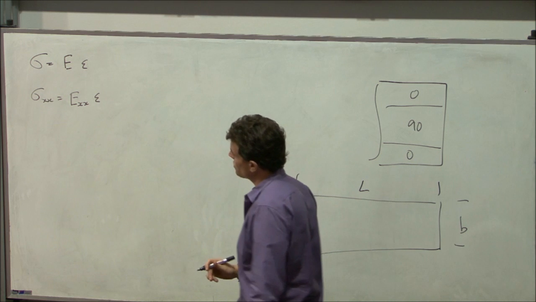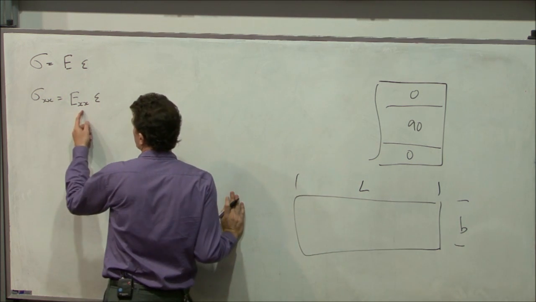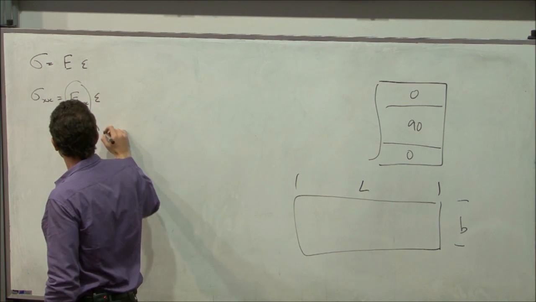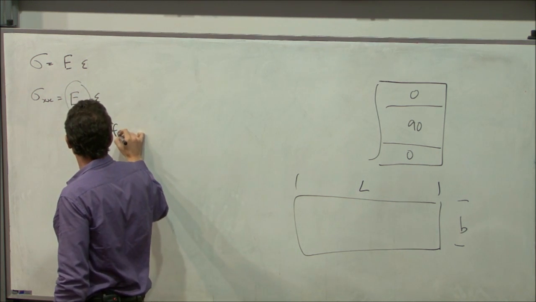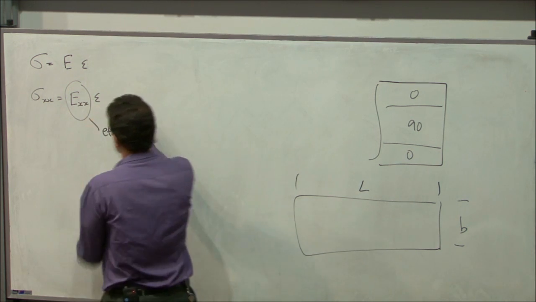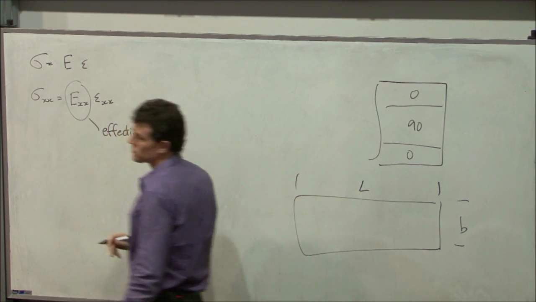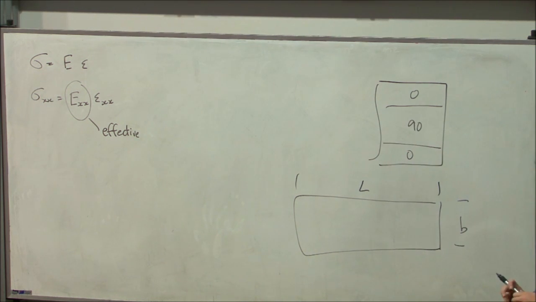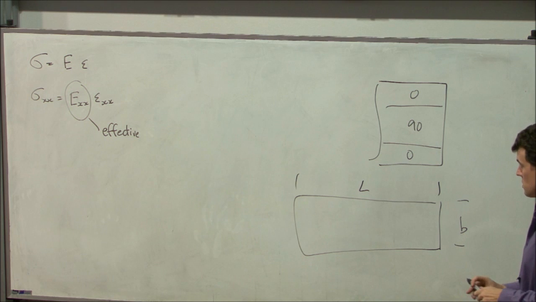We can say that the stress in the x direction is an effective property, an effective modulus, times the strain in the x direction. Because if we know that modulus, we can apply the same sort of maths that we would use for metals to composites.